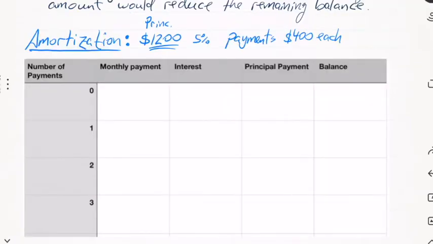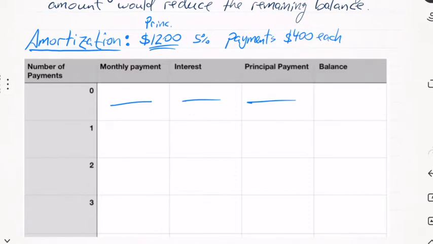So I always put a month zero or a payment zero in here just so we can say there is no monthly payment, there is no interest. This principal payment is the second part of the U.S. rule where it says the remaining amount would reduce the balance. So the principal payment is just going towards the balance itself.